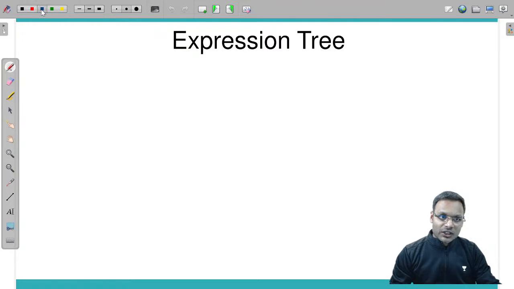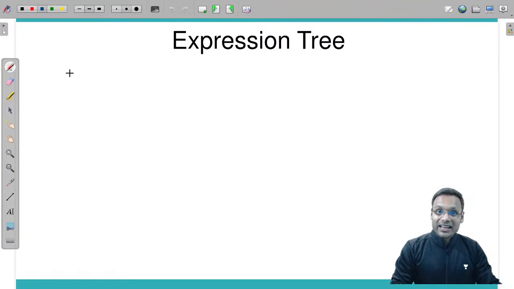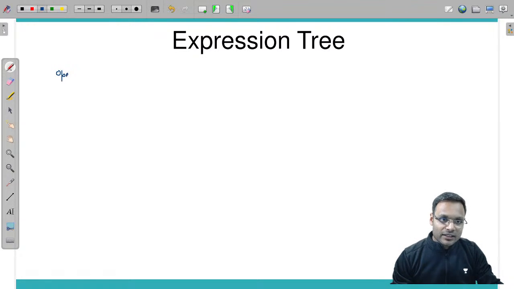If you denote the expression in terms of an expression tree, you need two things: operator and operand. Operator you will make as node and operands you will make as its children.